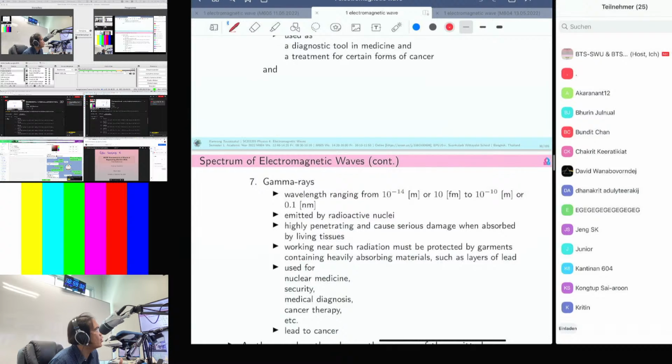Normal clothes would not be sufficient to protect us from gamma rays. You have to wear a garment that can heavily absorb the gamma rays, for example several layers of lead. I think it's very difficult to have such clothes.